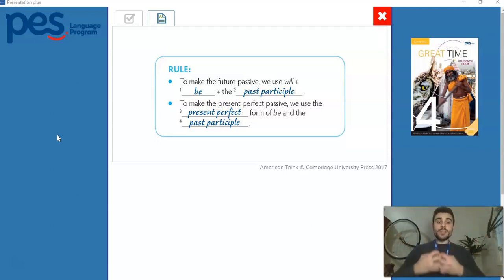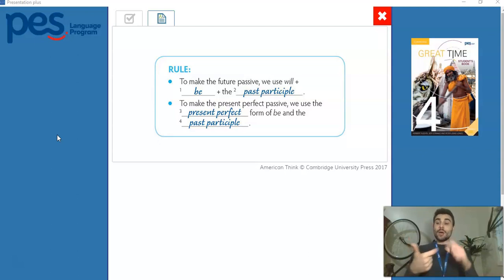The most important thing you need to understand here is that all the rules you learned to use the future and the present perfect, it doesn't matter if passive or active now, all the rules about future with will and present perfect continue. They need to be there because they give the expression of the time.